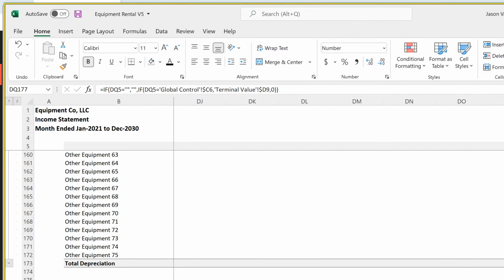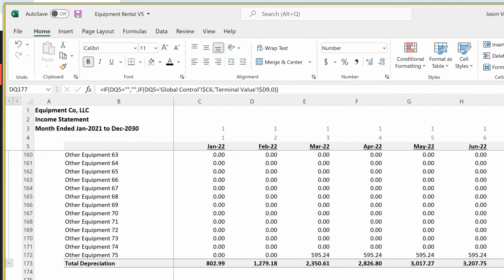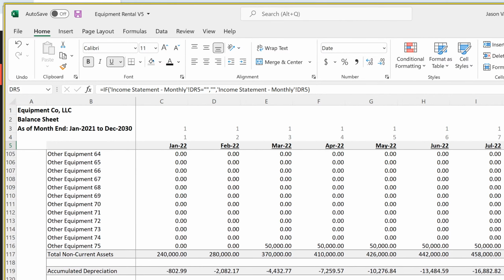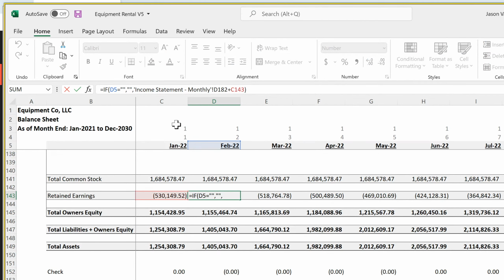So it looks like the same issue. It's just trying to add a blank cell. So we just do, since the model ends in that month, we don't need to see anything.